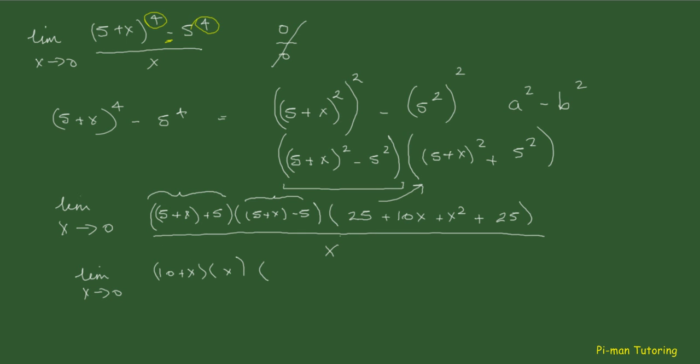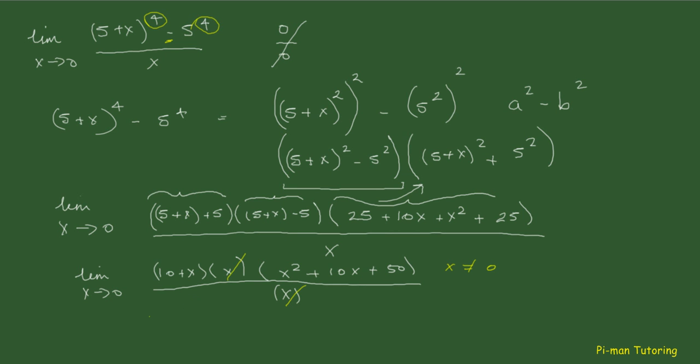And in the third bracket, 25 plus 25, we've got a 50 term, we've got an x squared term, and we've got a 10x term. All divided by x. Now we've got a common factor of x, top and bottom. So we know we can cancel those out as long as x is not equal to 0.